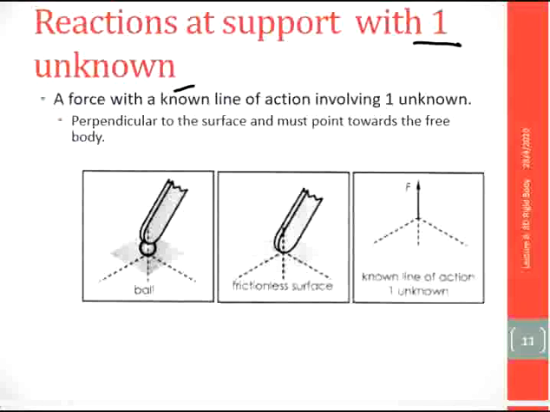We have, for example, a ball. For a ball, the unknown is 1. Ball, or previously it's called ball and socket.